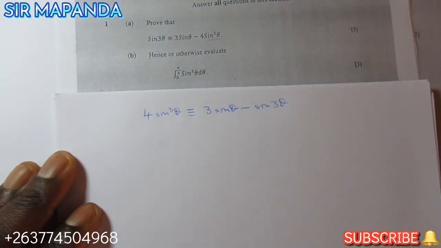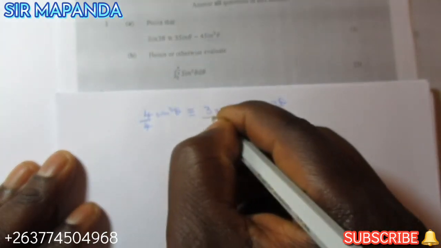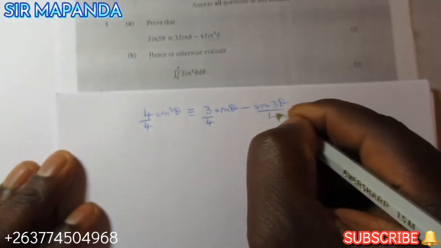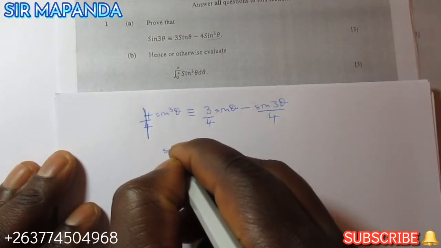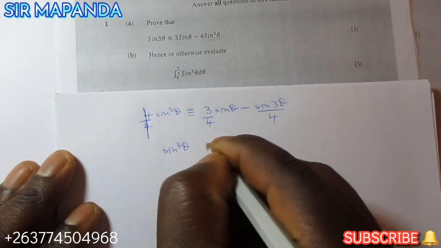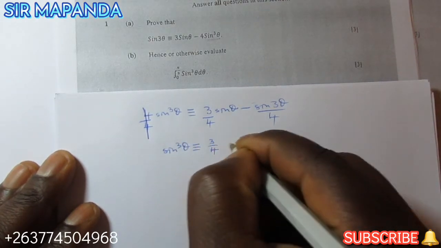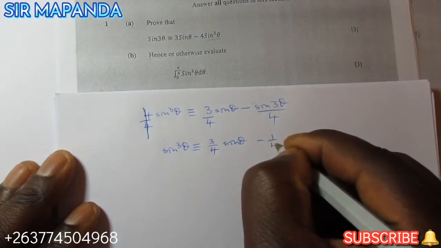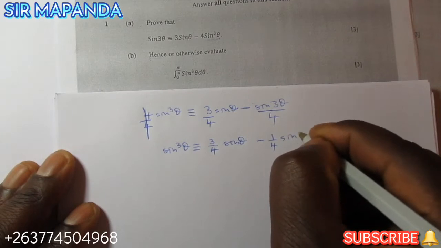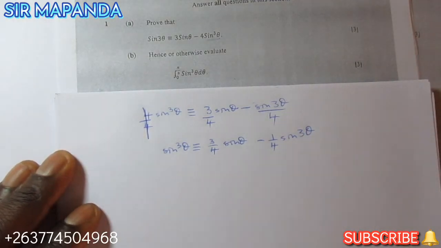Divide both sides by 4, each and every term. 4 and 4 cancel out, giving us sine cubed theta is identical to 3/4 sine theta minus 1/4 sine 3 theta. I hope you are following, class.